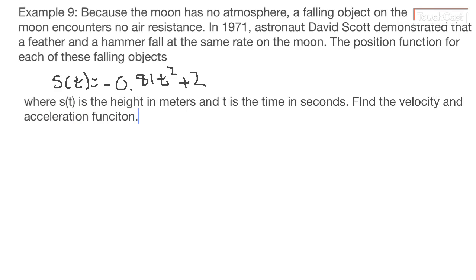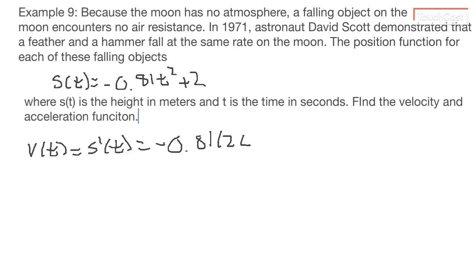So, we learned in lesson 2.2 to find the velocity function, we just find the derivative of our position function. So v of t is going to equal s prime of t. And we know s of t. So if we find the derivative, what we're going to have is negative 0.81 times 2t, which simplifies to negative 1.62 times t.